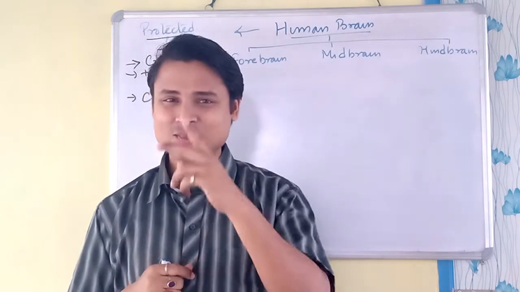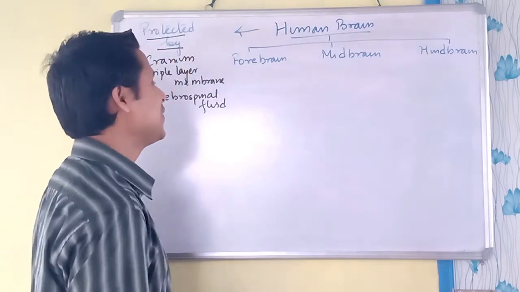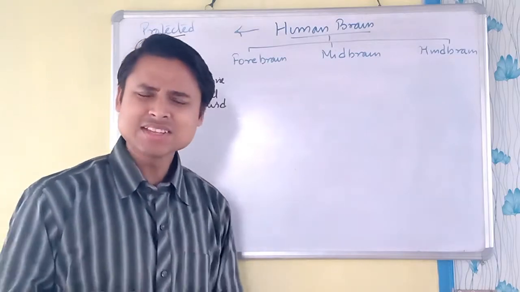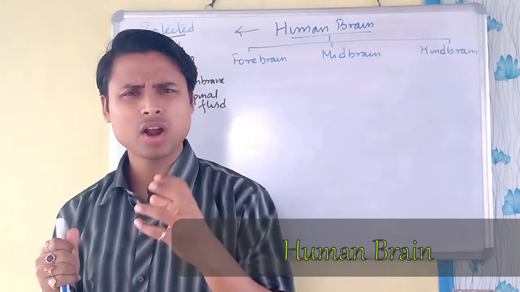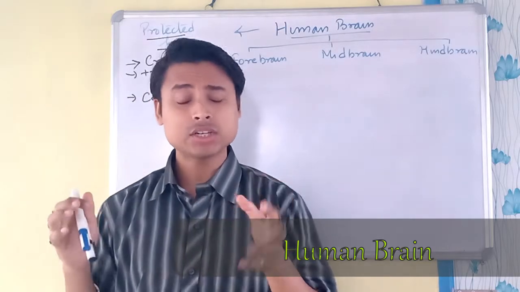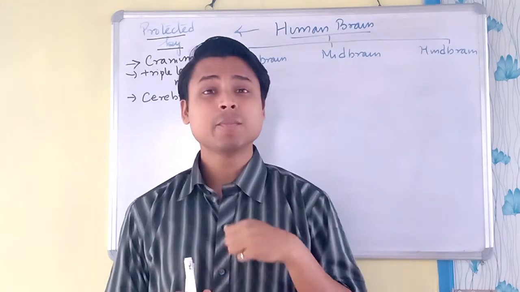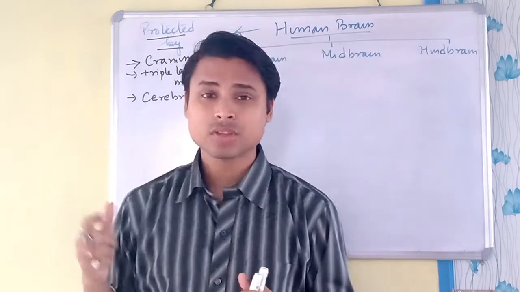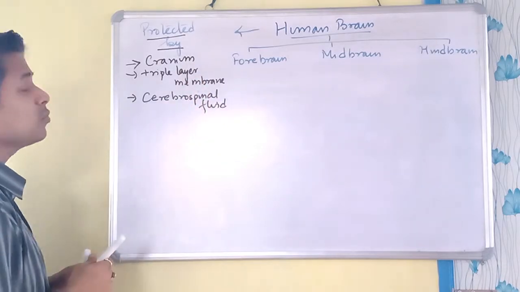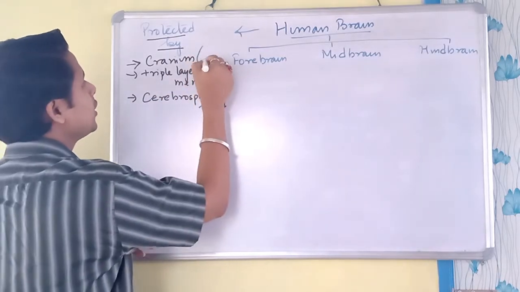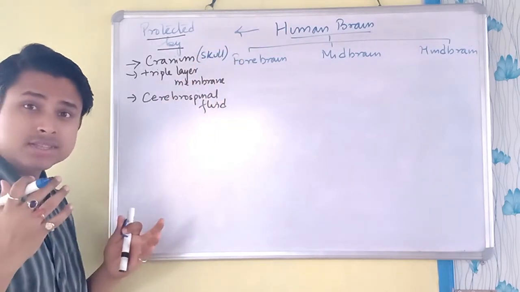The human brain is very crucial for our body to control and coordinate, and that's why it is protected by these three things. First, it is protected by the cranium. Cranium is nothing but the skull, right?